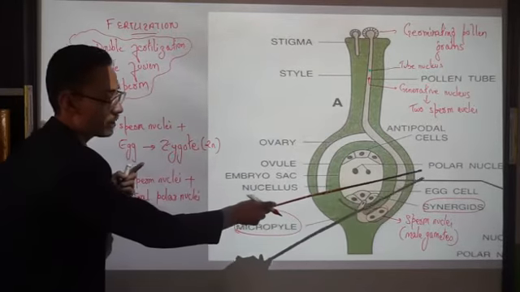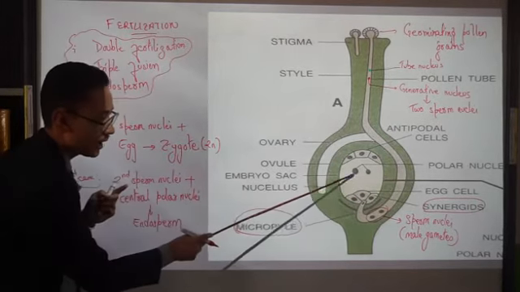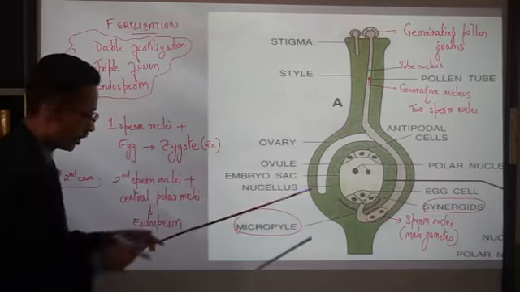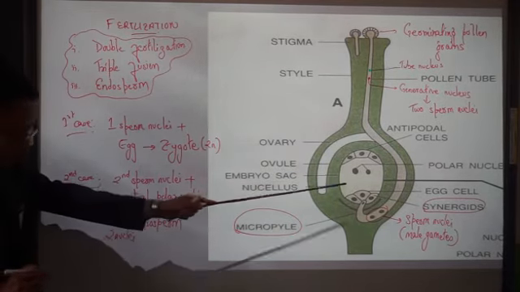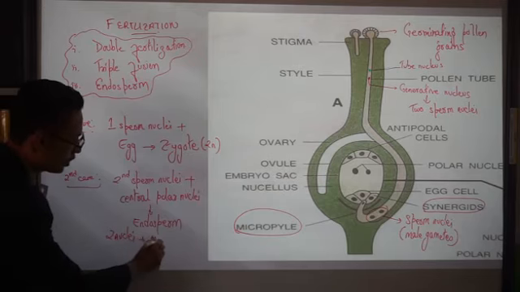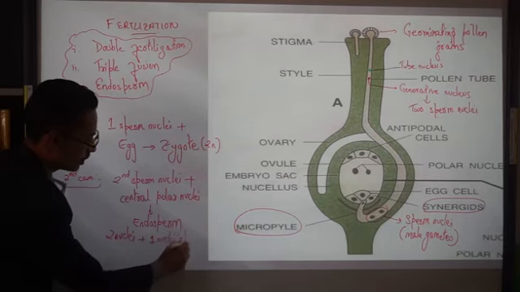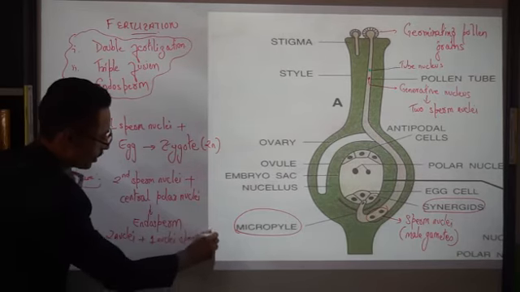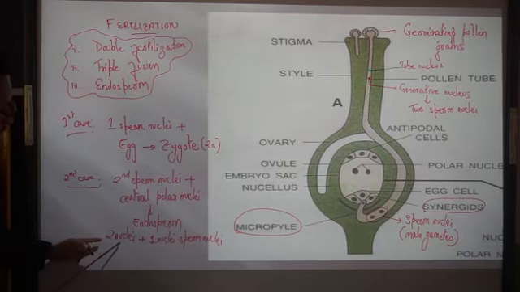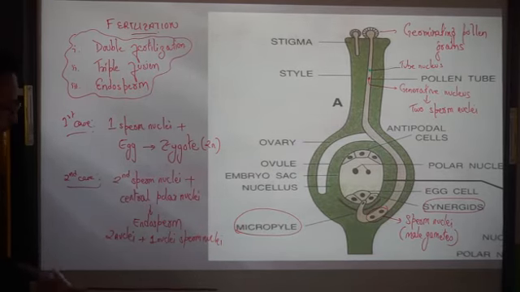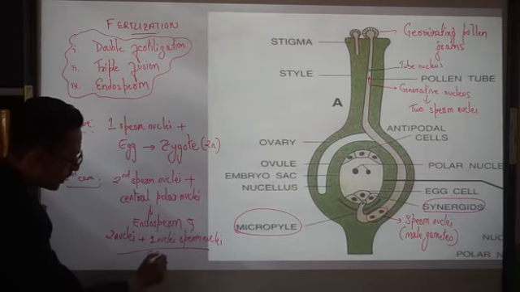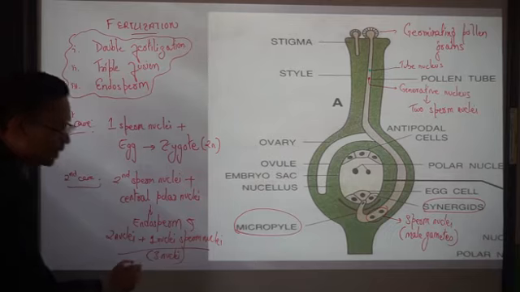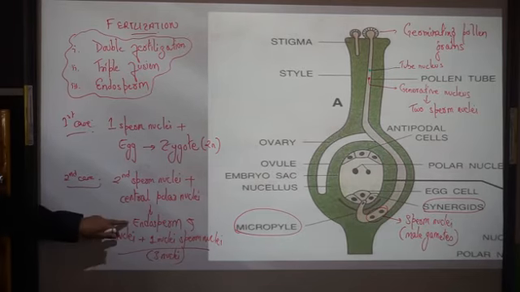That means in the central polar nuclei cell there are how many nuclei? There are 2 nuclei. So 2 nuclei of the central polar cell and 1 nucleus of the sperm, the male gamete, will fuse to form endosperm. So over here there are 3 nuclei involved in the formation of endosperm.